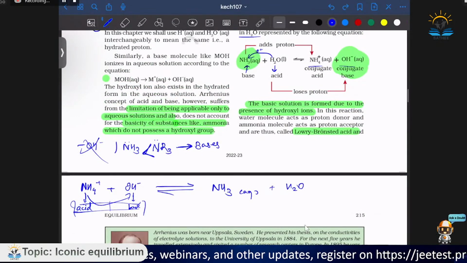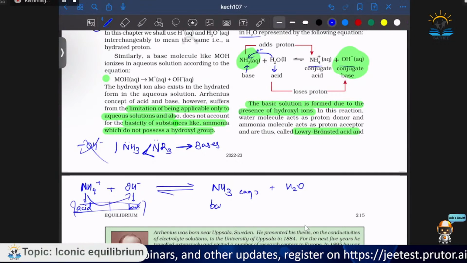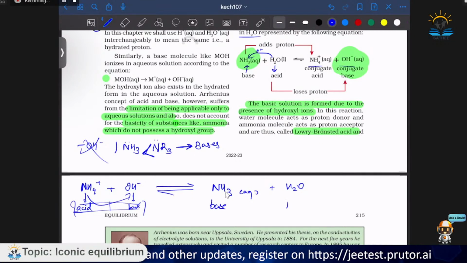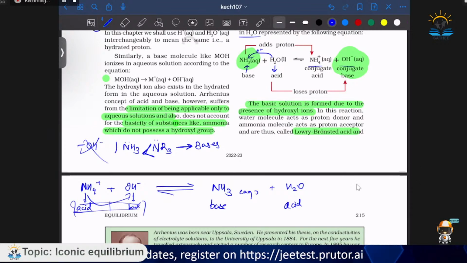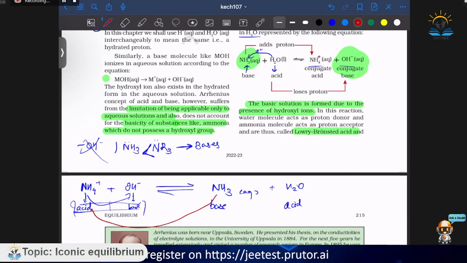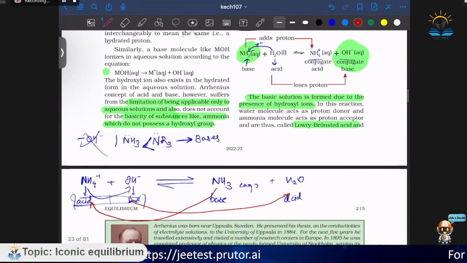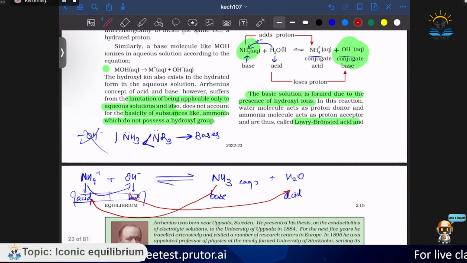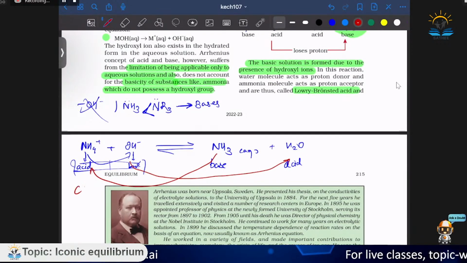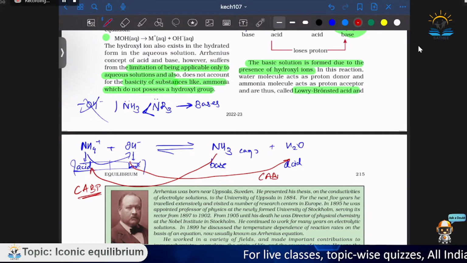Looking at this example, ammonia itself was a base, water was an acid, but the ion generated from ammonia, which is your ammonium ion, is an acid, and the ion generated from water, which is the hydroxyl ion, is behaving as a base. So this acid base pair, ammonia and its ion, is called a conjugate acid base pair. Similarly, the water and hydroxyl ions are called conjugate acid base pairs.